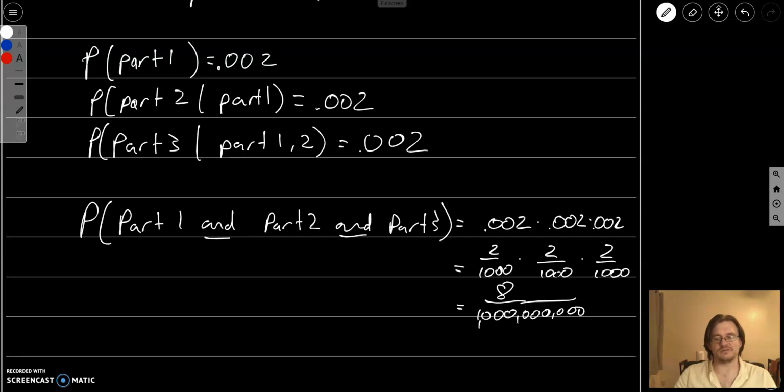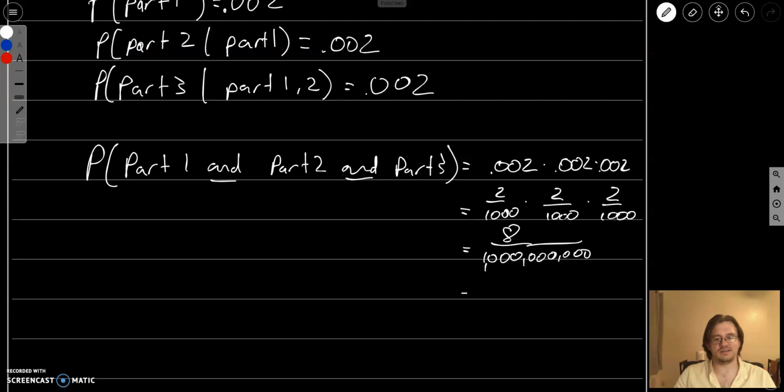So 8 out of every 1 billion times will the elevator fail. And that's a lot smaller than 2 out of 1,000. This number here, 0.000000008, is a lot smaller than 0.002.